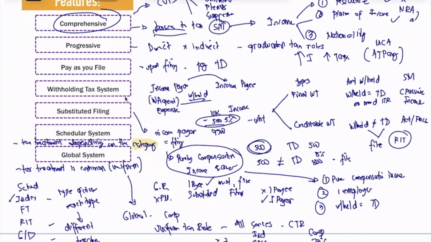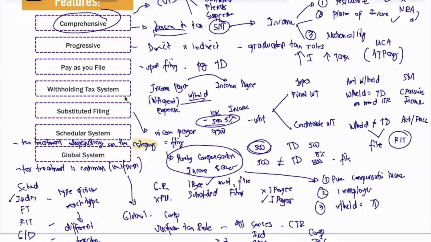How about if ever long term? Pag long term yan na interest, di ba sa individual, pwedeng 5% to 20%. Pag sa corporation, lagi lang siyang 20%. Yun yung ibig sabihin natin sa global taxation. Sa global taxation, anuman ang income niya, same ang rate niya.